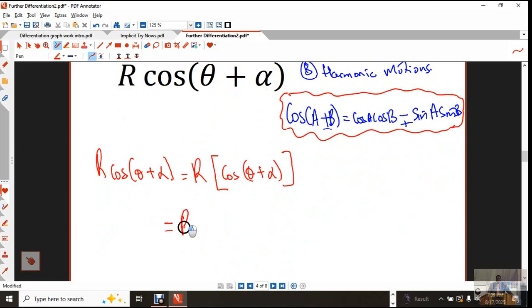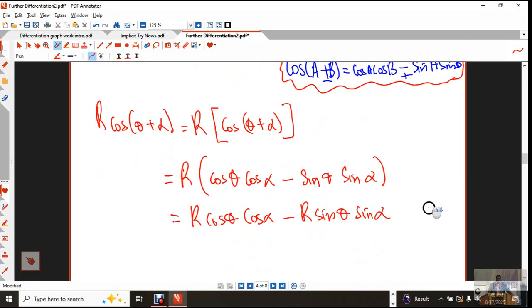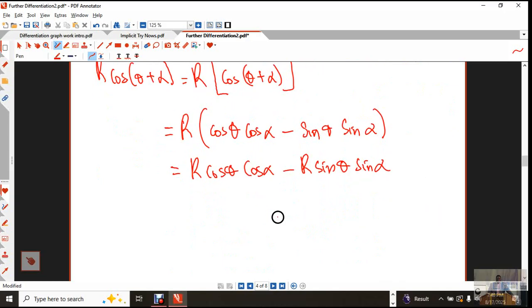That gives me the R, then cos theta cos alpha minus, because that's a plus, sin theta sin alpha. Then I distribute the R over, so it's R cos theta cos alpha minus R sin theta sin alpha.